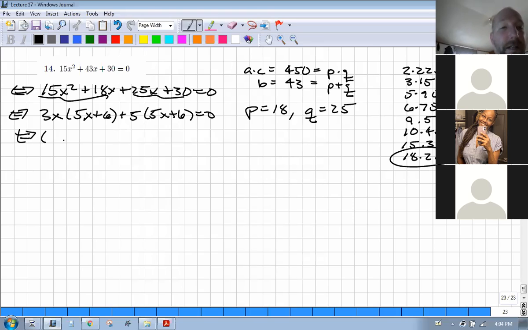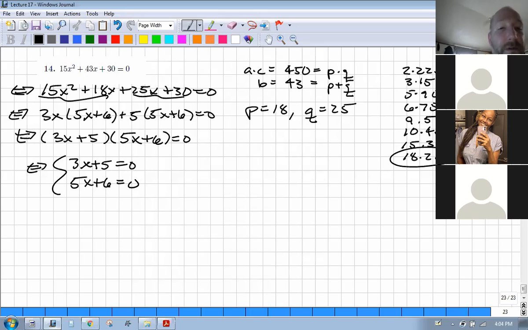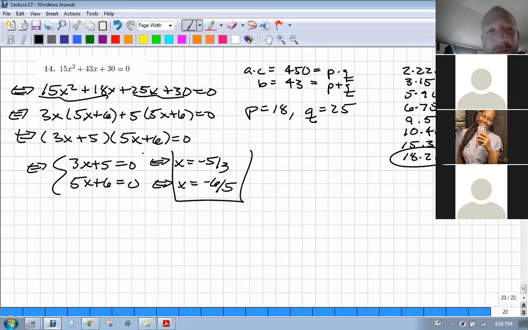So we have a 3x and a 5, both times a 5x plus 6. So either 3x plus 5 is 0 or 5x plus 6 is 0. So either x is a negative 5/3 or x is a negative 6/5. And those are our two solutions.